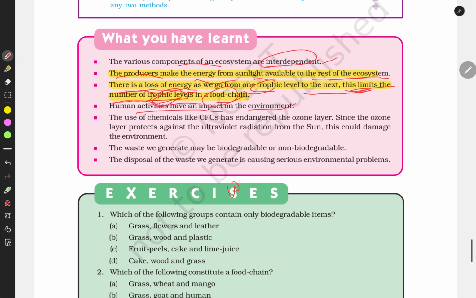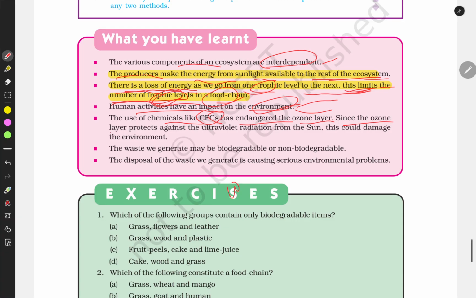Human activity has impacted the environment, as everybody knows, and the use of chemicals like CFCs has endangered the ozone layer. The ozone layer protects us from the ultraviolet radiation coming from the sun, which could damage the environment along with human and animal skin.